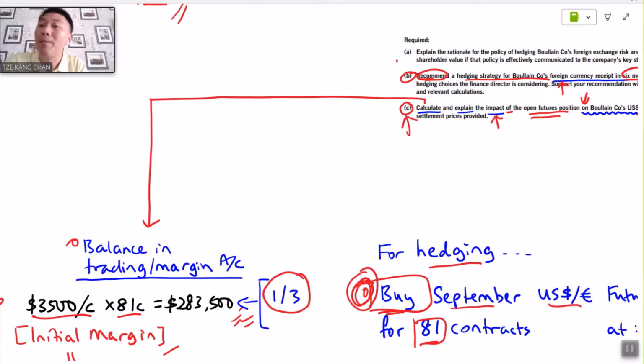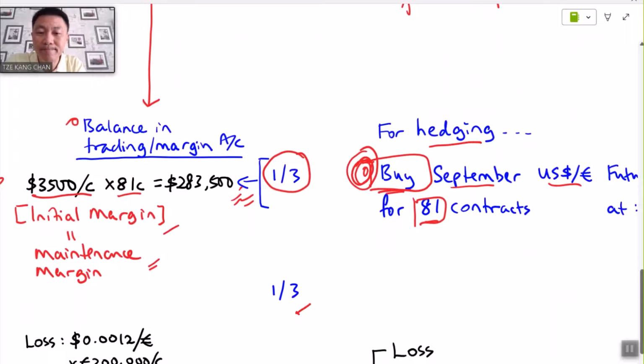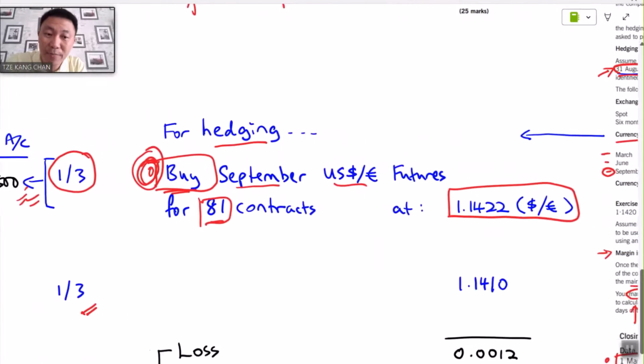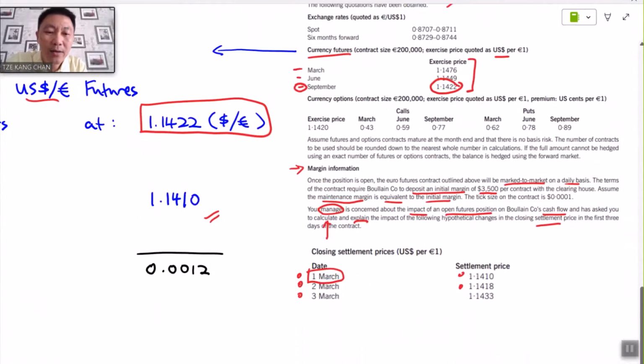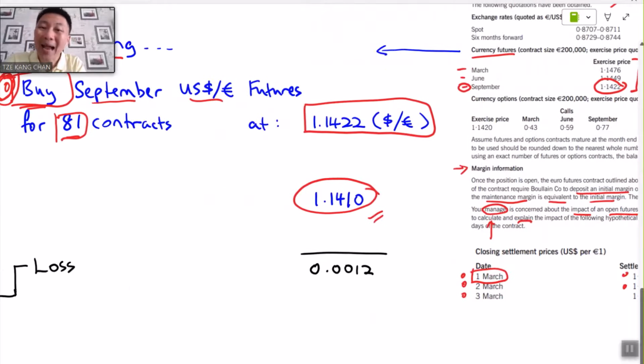By the end of 1st March, the question mentions the settlement price, or closing price, of the futures contract is recorded at 1.141. By comparing this with the price of the futures contract we bought at earlier on 1st March, 1.1422, we see the price has declined.